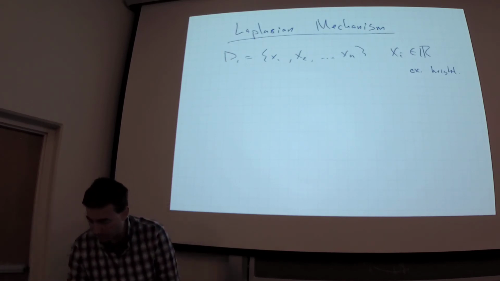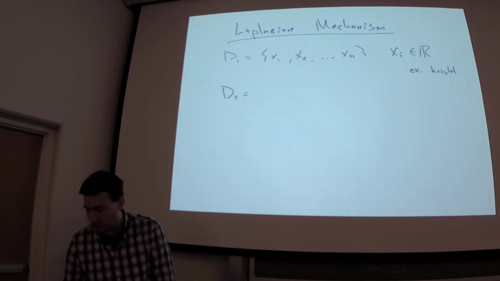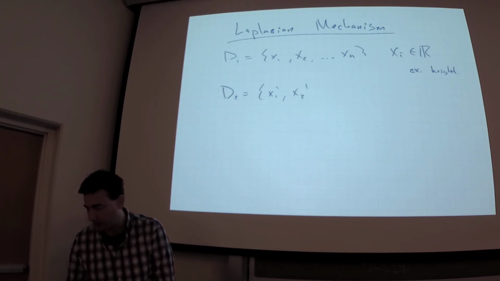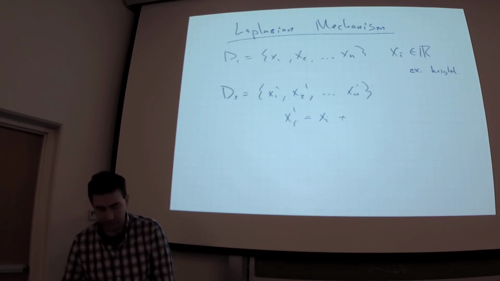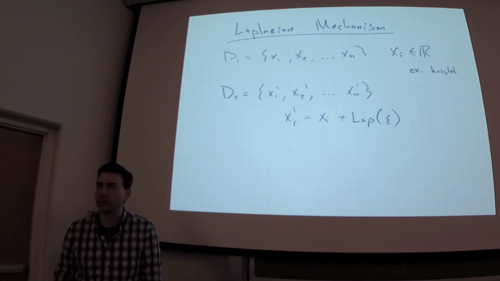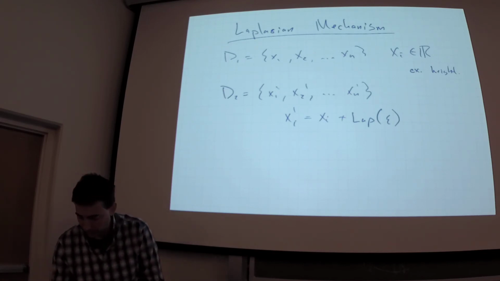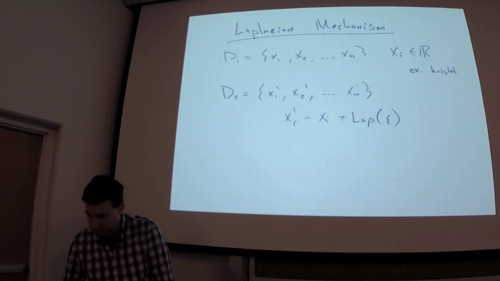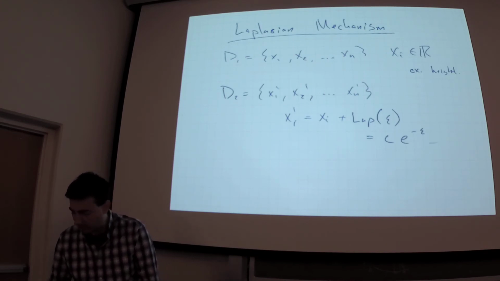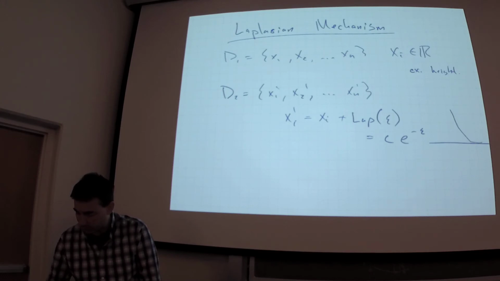What I would do is D2 is going to be x1 prime, x2 prime, up to xn prime, where xi prime is equal to xi plus some noise, and usually you add Laplacian noise. This Laplacian noise is proportional to c times e to the negative epsilon. If you remember, there's Gaussian random variables, and Laplacians look like this.